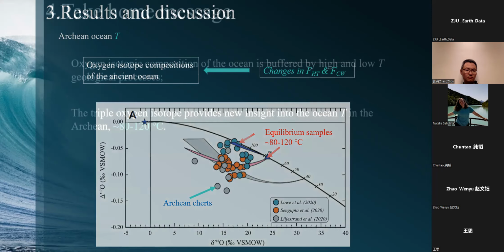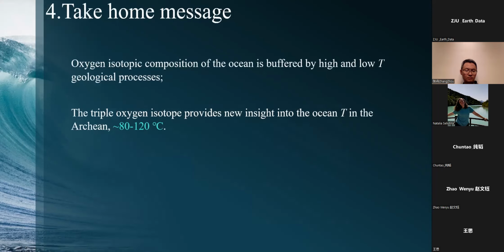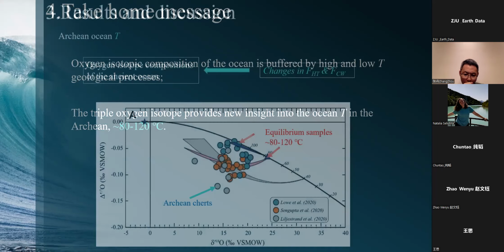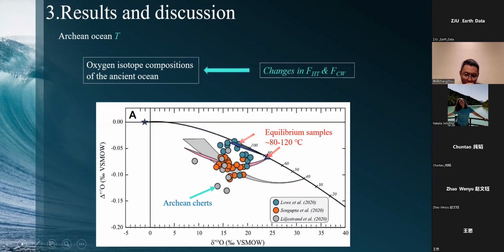So using these samples, they could calculate the equilibrium temperature of the ocean. That means from 80 to 120 degrees.